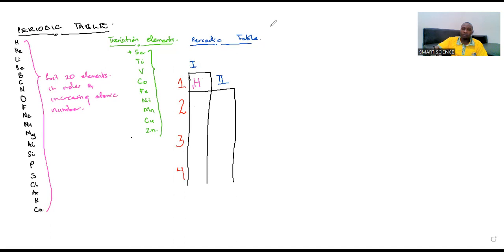And these periods will show us the different elements present in different groups. So if this is group 3, we shall have an element there.